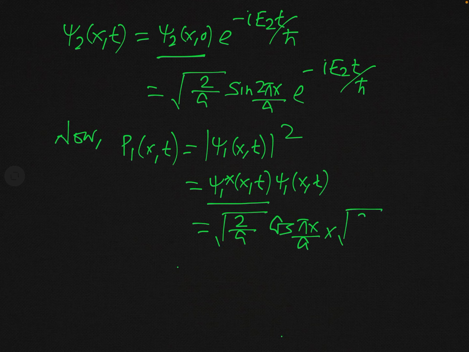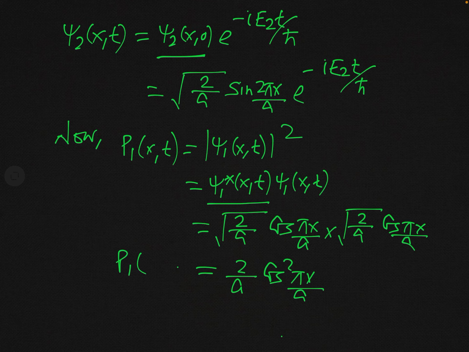This will be again root over 2 by a cos pi x by a, and this can be written as 2 over a cos square pi x over a. So this is the probability density p1 of x,t.